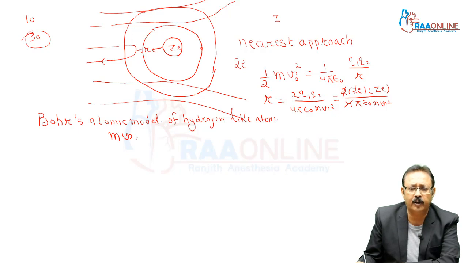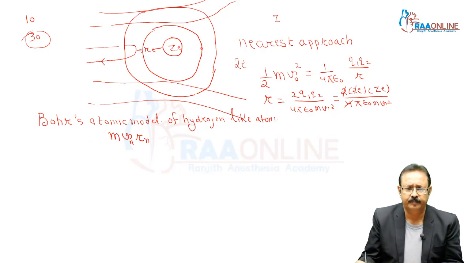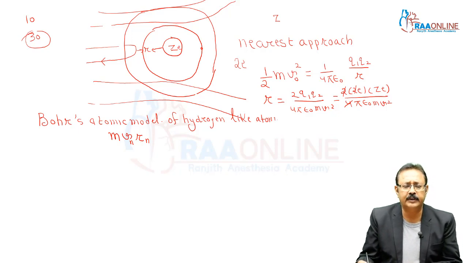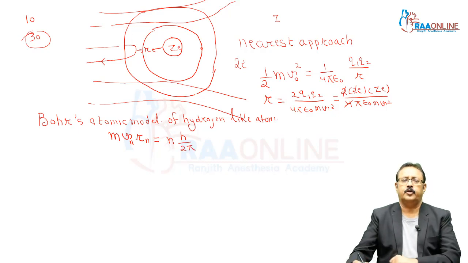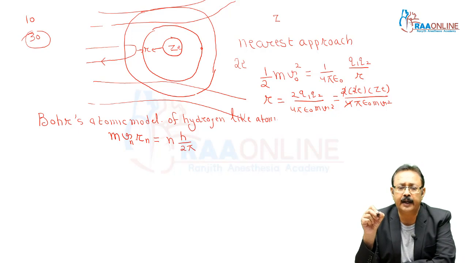If the radius of the orbit is r, suppose your electron is orbiting in the nth orbit, so we put its velocity and radius as Vn and Rn. It should be n times h upon 2 pi.